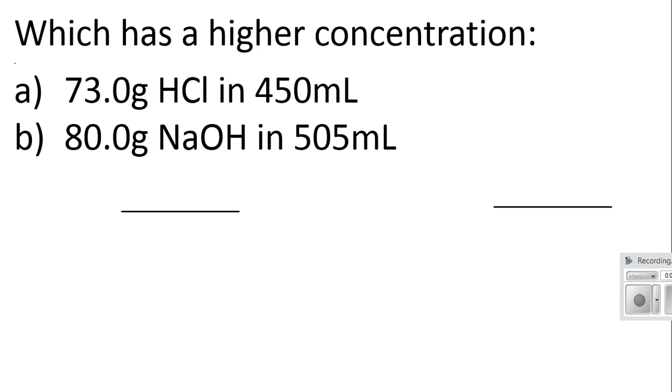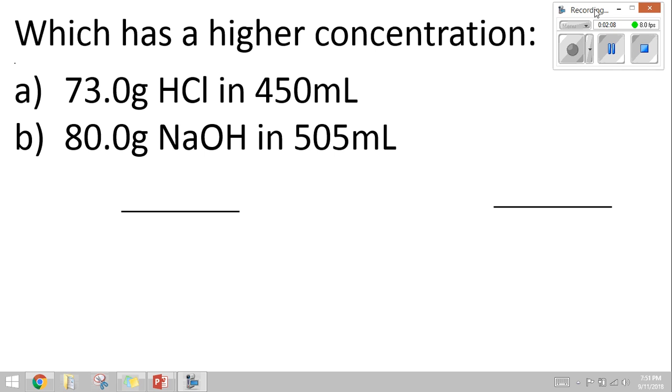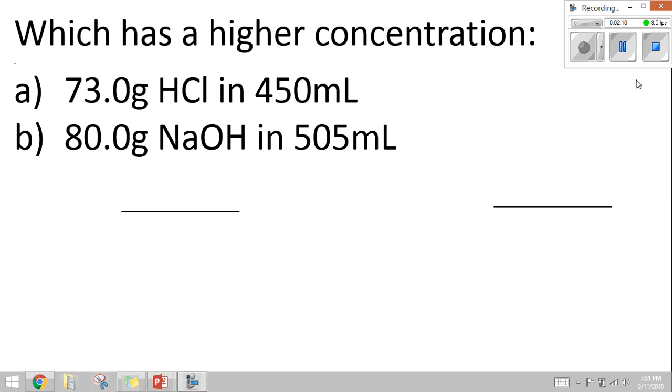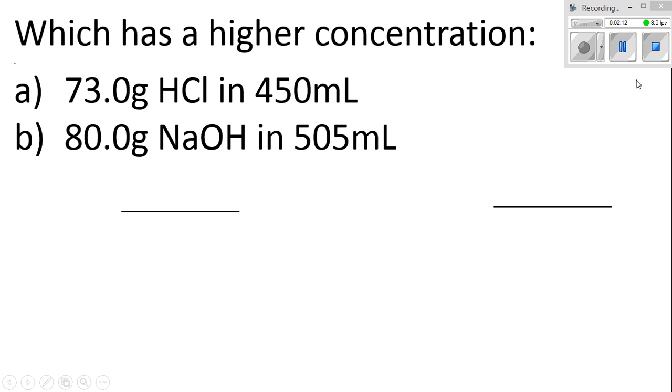The second question is actually comparing which one has a higher concentration. A is 73.0 grams of HCl, and hopefully you remember that HCl is an acid since we have hydrogen bonded with a halogen. So hydrochloric acid in 450 milliliters, or B is going to be 80 grams of sodium hydroxide in 505 milliliters.